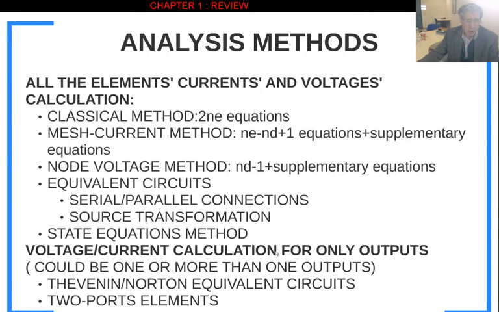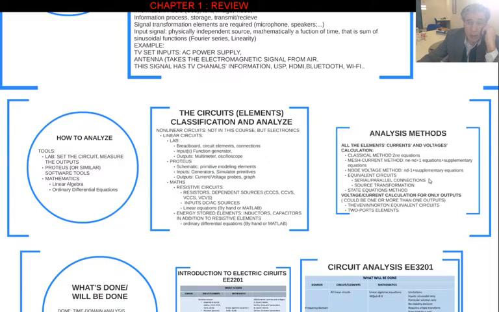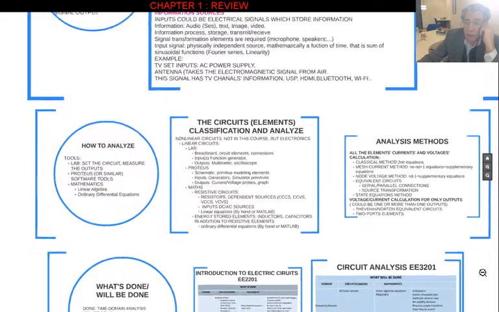In the previous analysis, we worked with the elements' currents and voltages, and we used the Thevenin-Norton equivalent circuits in the Introduction to Electric Circuits course in order to find one of the elements' currents and voltages. In this course, we will be examining two-port elements in order to find the outputs of a circuit.